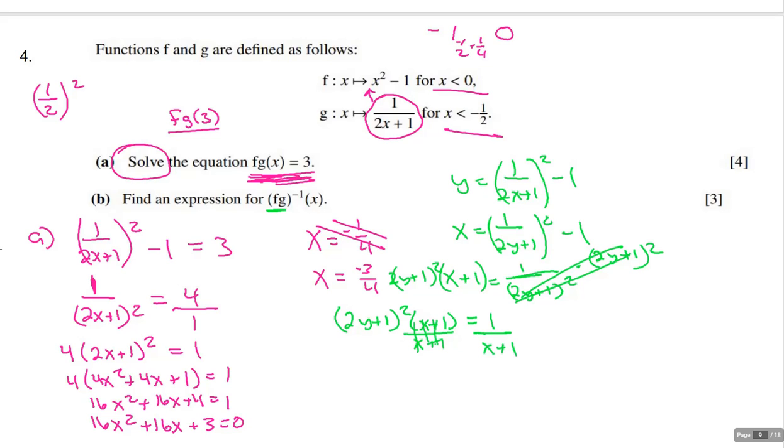Now this cancels out, right? So now what are we going to do? See, in this case, we're probably going to have to square root both sides. Because notice, what happens if I square this?